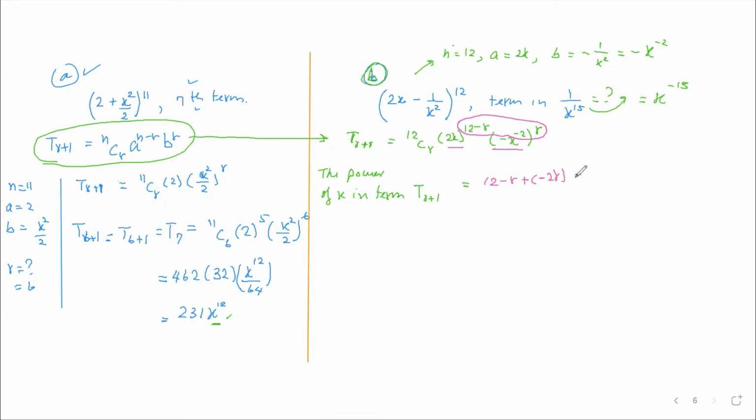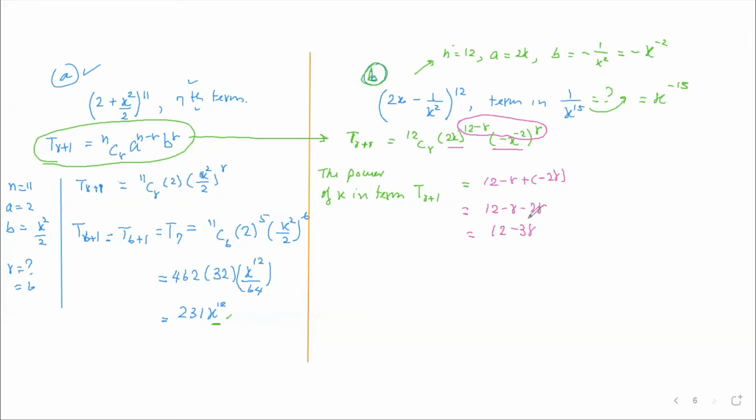So you simplify this, and this one simplify become 12 minus r minus 2r. So equal to 12 minus 3r.